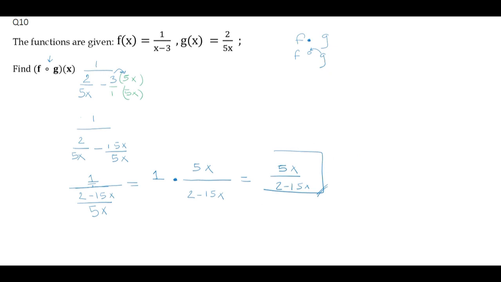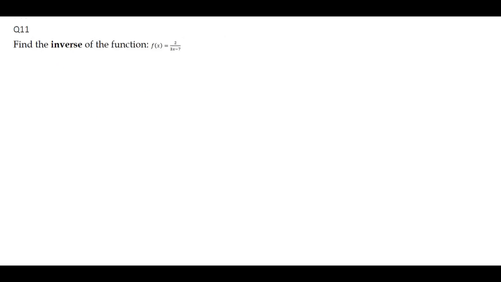Now we're going to go to the next question, 11. Find the inverse of the function. For this one, if you follow step by step, you're going to always find the right answer. The first step is to change the function symbol to y.